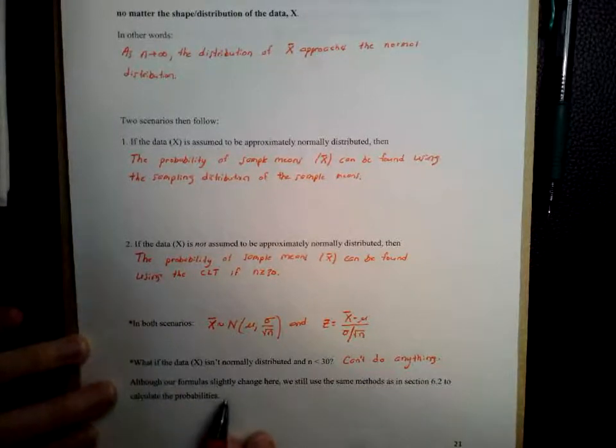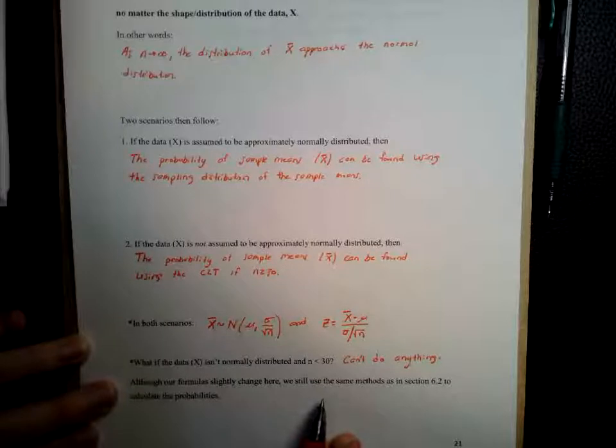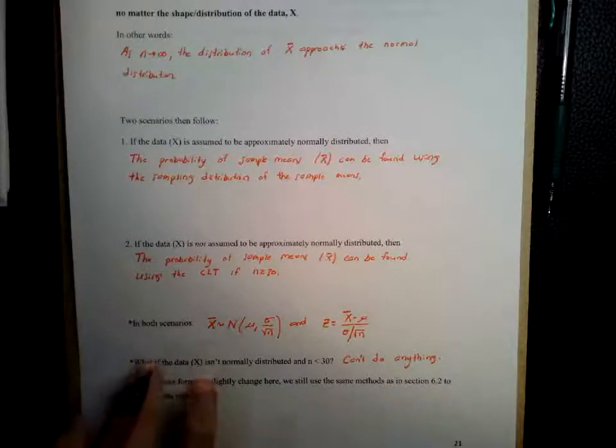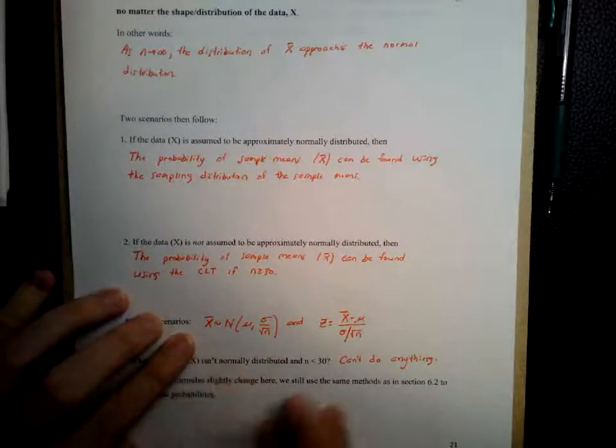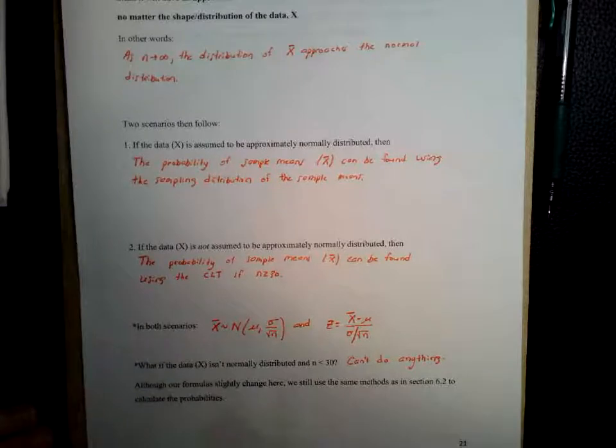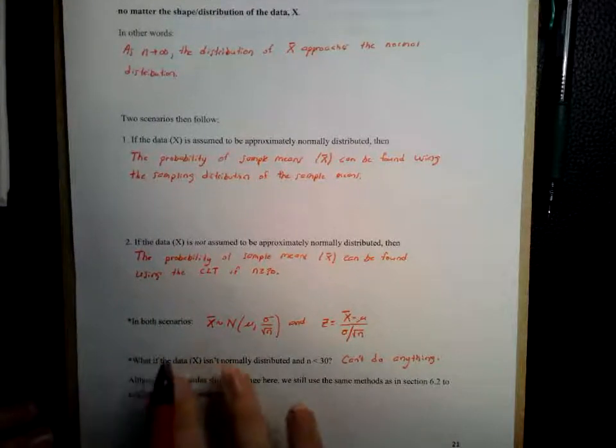Although our formula slightly changed here, we will still use the same method as in section 6.2: turning the individual sample means into z-scores and then finding the associated probabilities in our standard normal table. Now, let's look at an example to illustrate this.